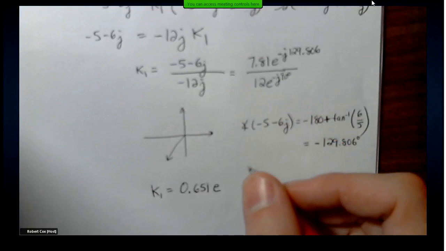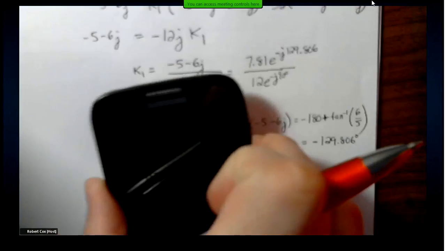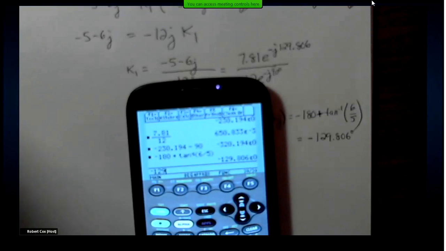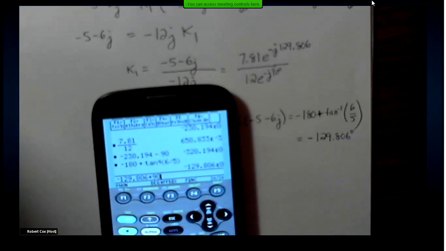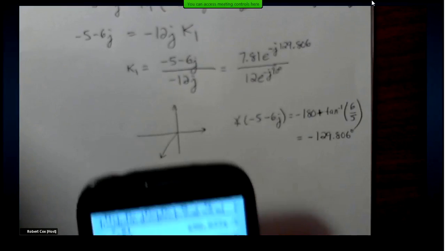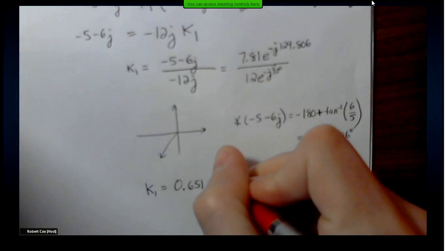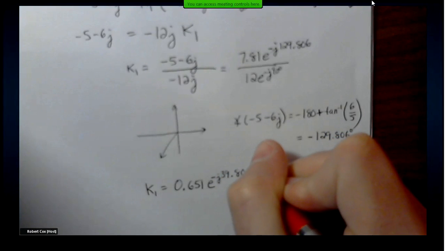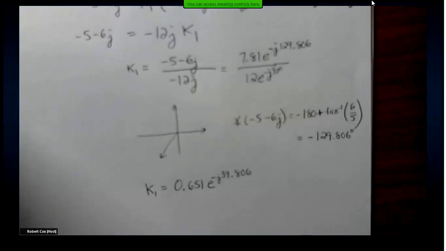So that becomes minus 129.806 plus 90, because I got minus 90. So that becomes minus 39.806. So e to the minus j 39.806.